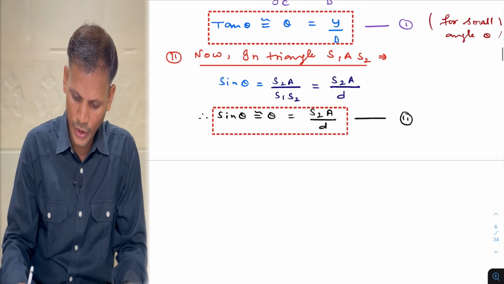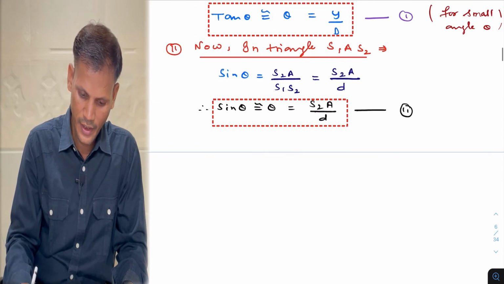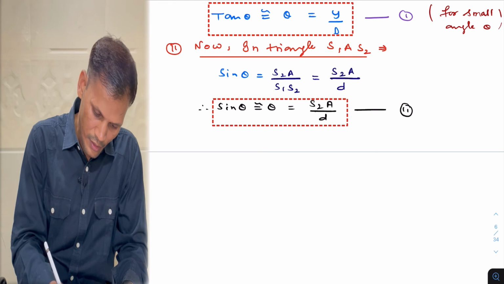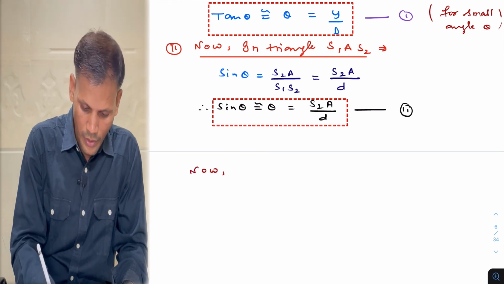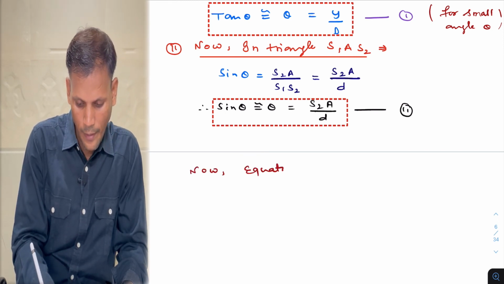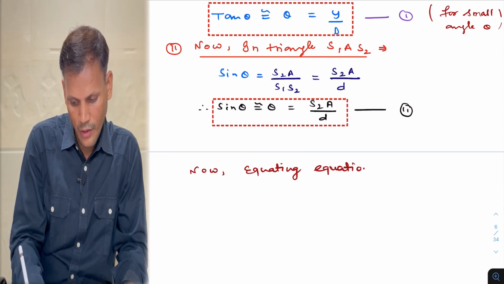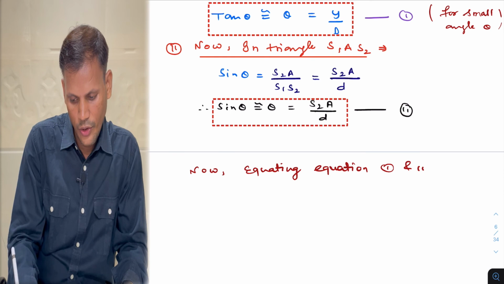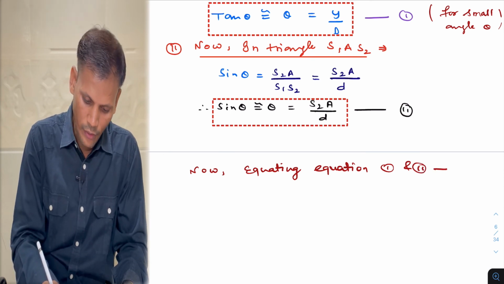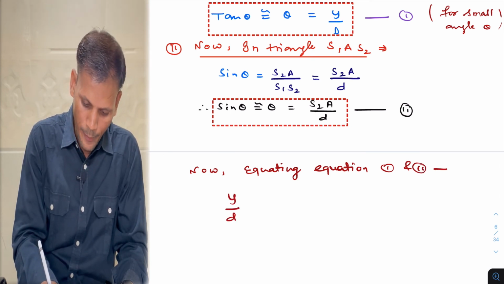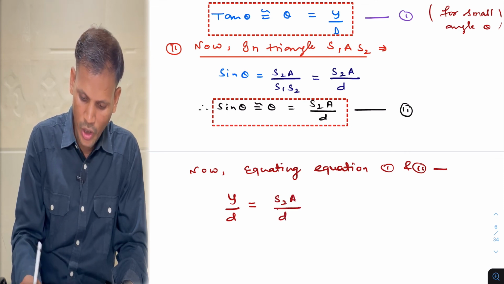Equating equation 1 and 2 we get y by D is equal to S2A by small d.